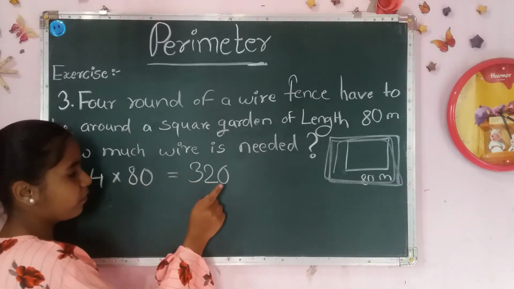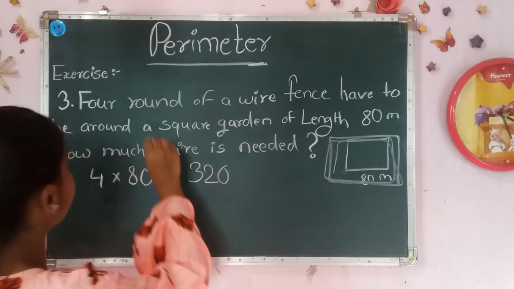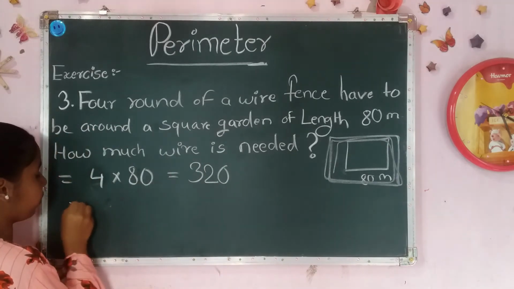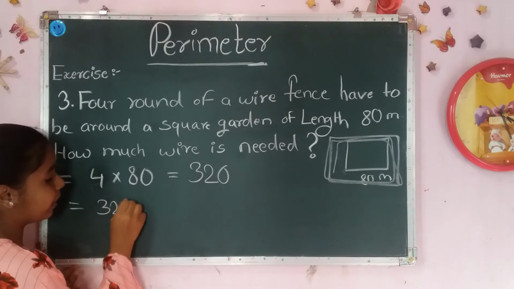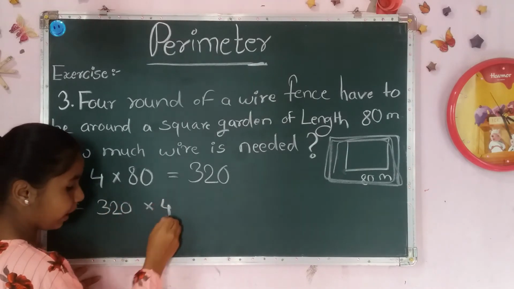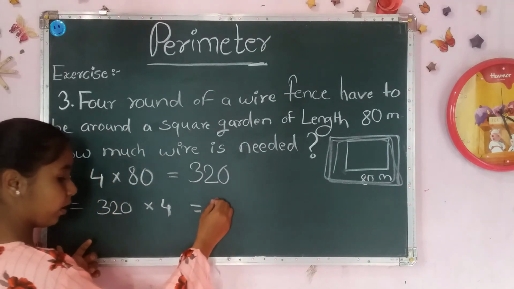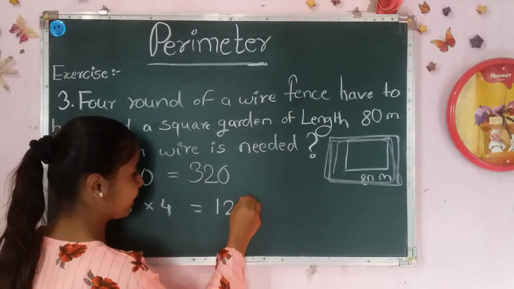Okay. So it's not enough. We have to round it 4 times. So we will multiply this number by 4. 320 multiplied by 4 is equal to 1280.